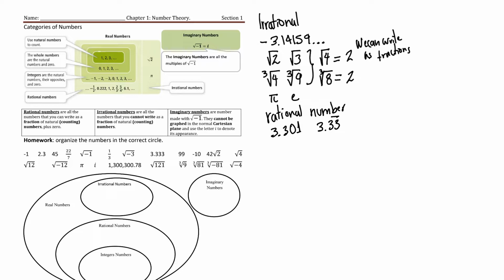They also include fractions like 1/3, okay, and perfect squares and perfect cubes once you simplify them, of course. Technically, those are rational numbers. The idea is that if you can write it as a ratio of two whole numbers, okay, or two natural counting numbers, then it is a rational number.